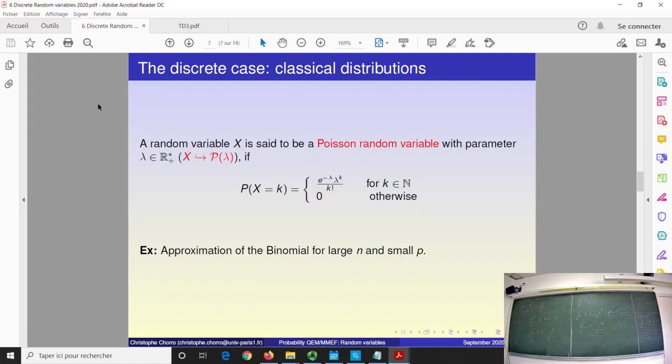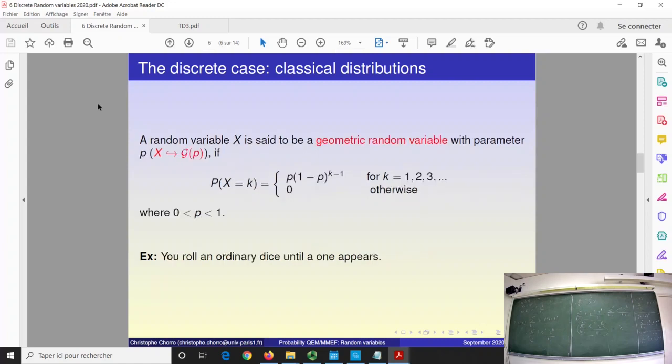So the last case is this one, the case of the geometric distribution. In the case of the geometric distribution, I remind you that I replace this little trick here by the fact that the sum from k equal to 0 to n of x to the power k is equal to 1 minus x to the n plus 1 over 1 minus x, if x is different from 1.